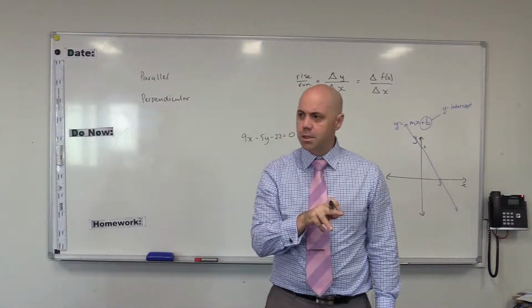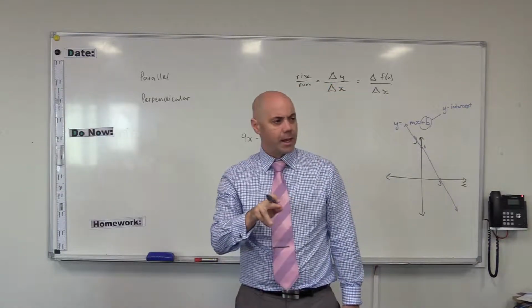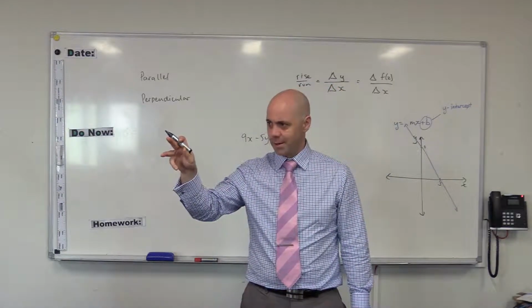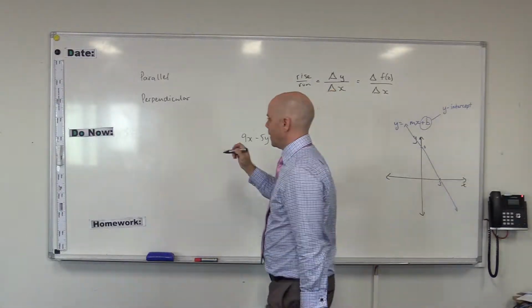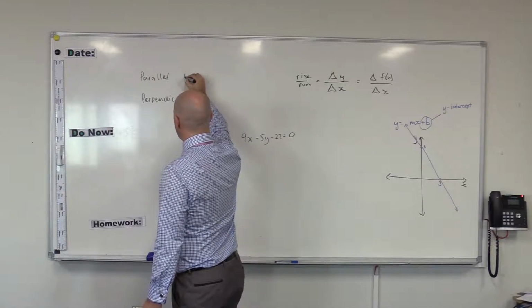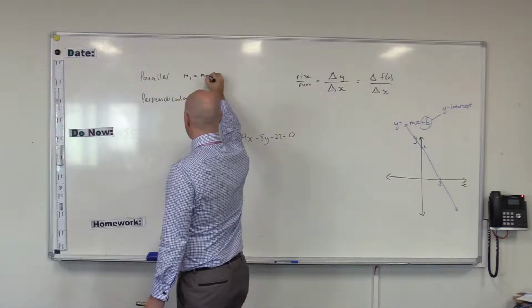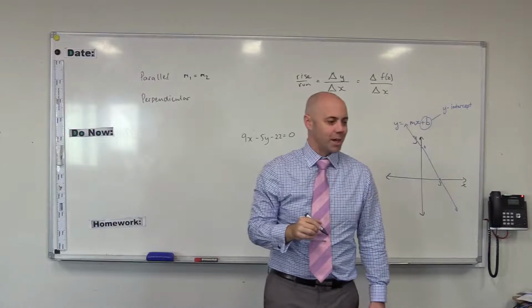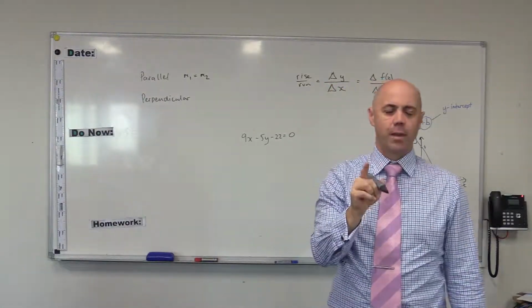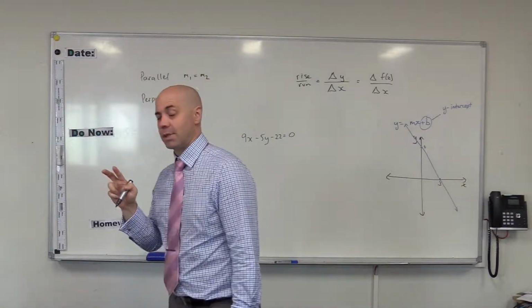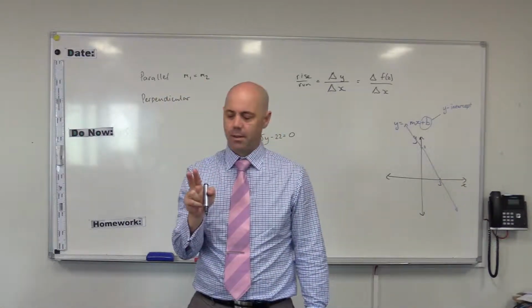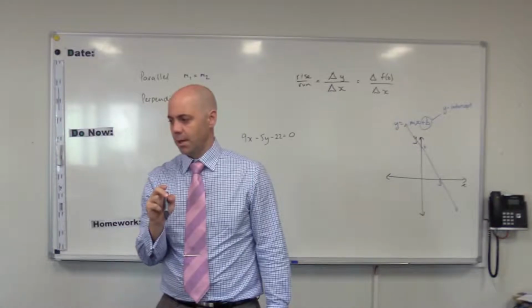Two lines that are headed in the same direction will never get closer together or further apart. And that means their two gradients are the same. Now you've got to be careful with that, because there's one case where two lines can have the same gradient and not be parallel.